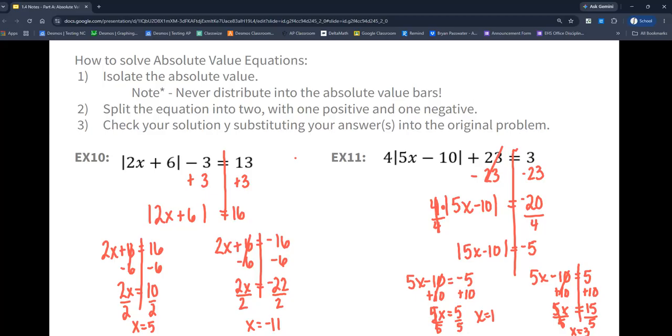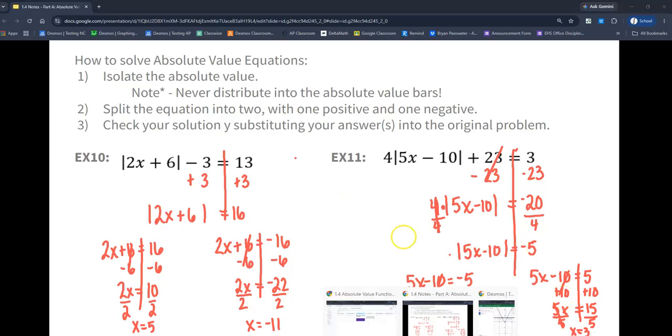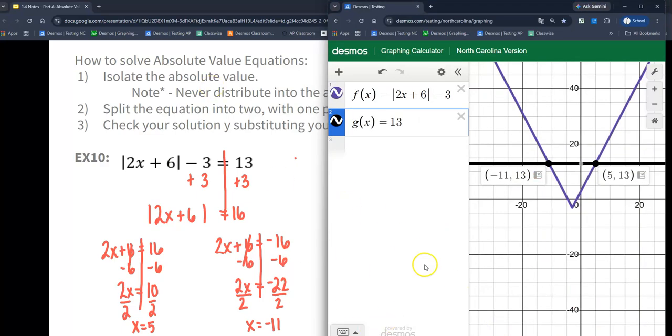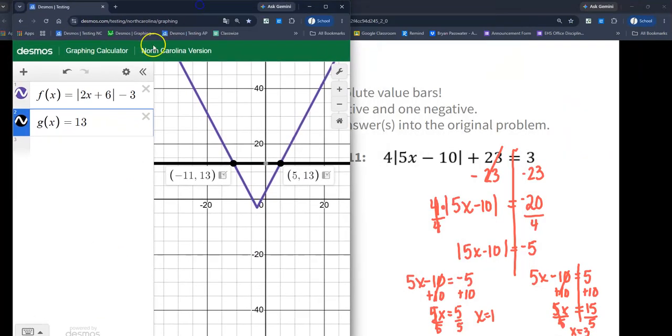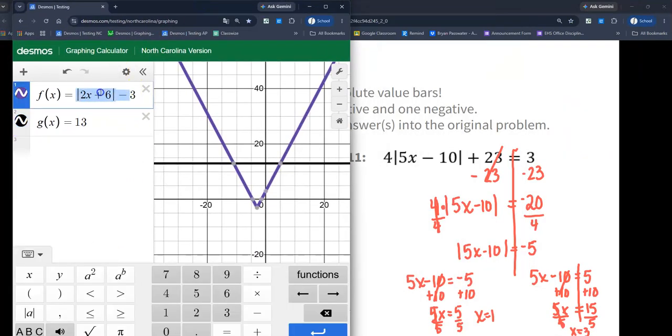I'm going to freeze my screen while I'm typing it in. I want you guys to do it on your own. I'm going to come around and see if you've typed it in. So everybody type that in Desmos.